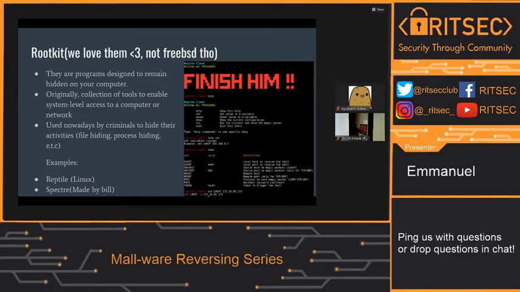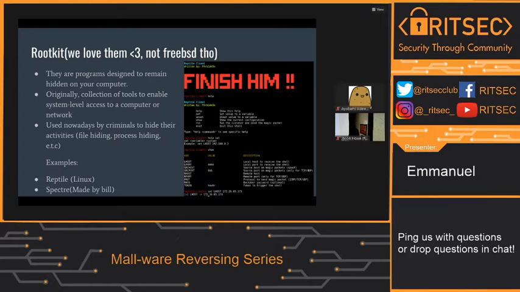So rather than waiting for the patch from the vendor, they can do a quick fix for the bug in the system. But nowadays, attackers use it to hide their activities on whatever system they compromise. They hide specific files they need, processes that they spun up, and sometimes they hide open ports, so you cannot tell when they are connected to their C2 service.